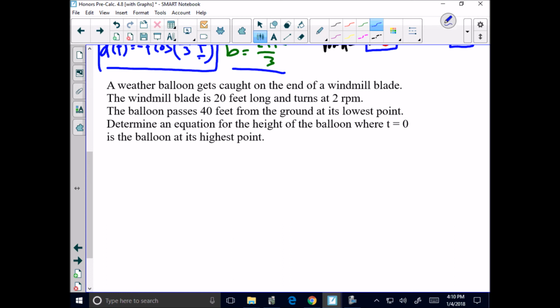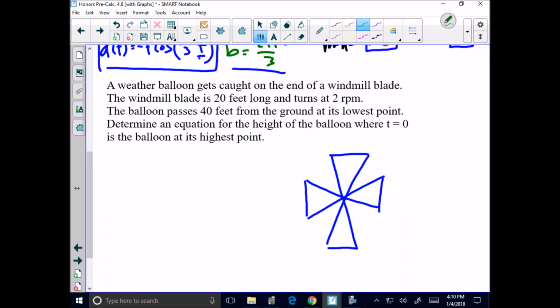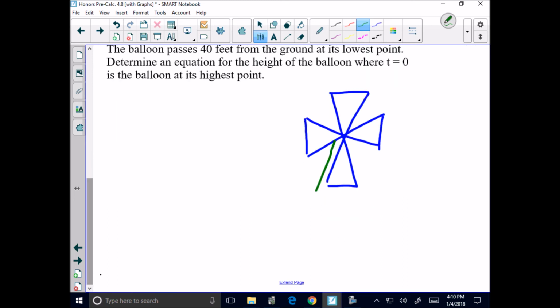So right here, a couple things we want to do is just get an idea of the picture we're seeing with this oscillation. So what I'm going to do here is draw this windmill. Here are the blades of the windmill. And we've got our weather balloon caught on one of the blades at the end of the blade.